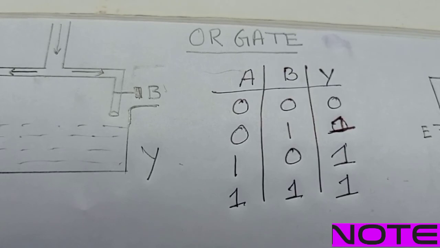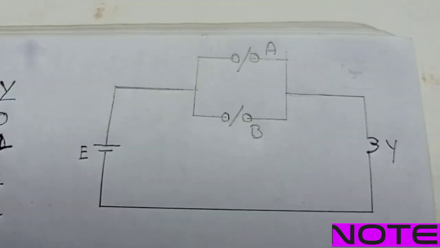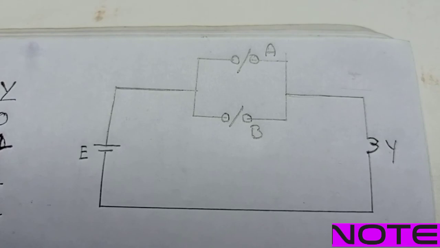The action of the OR gate can also be illustrated with the following electrical circuit. In the above circuit, lamp Y will glow if switch A or switch B is turned on. The lamp will still glow if both switches are turned on.